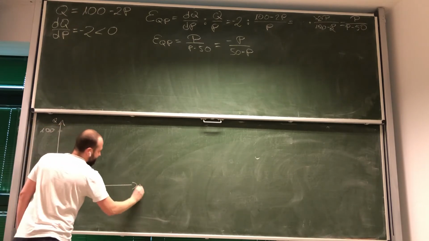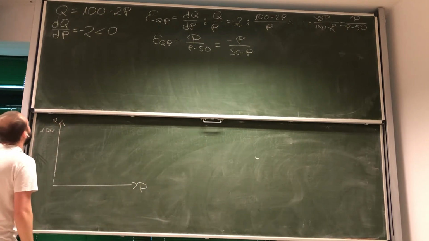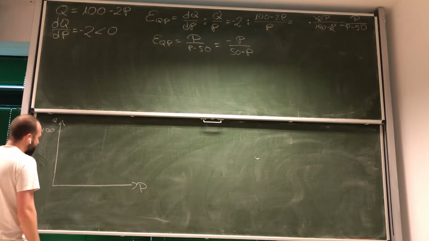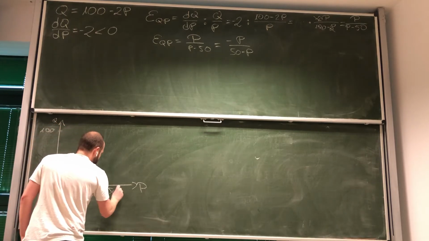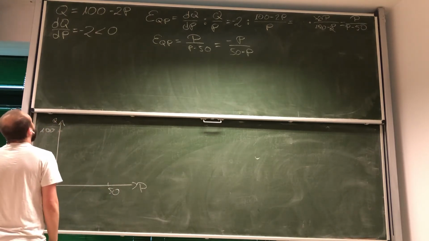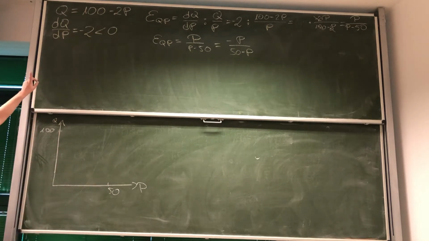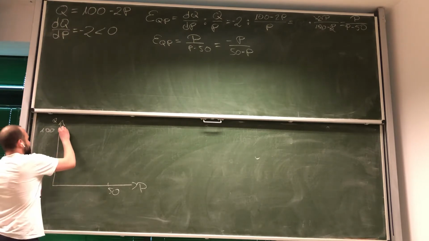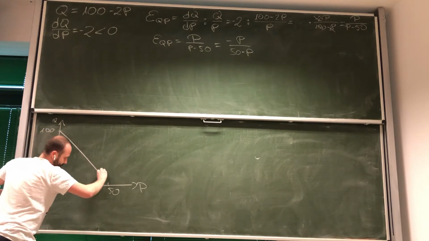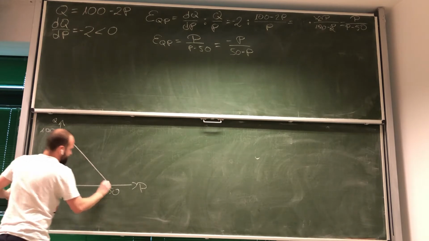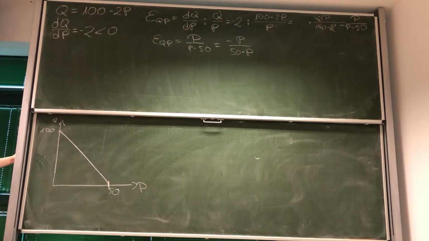And if Q is 0, price is equal to 50. I'm sorry, if Q is 0, price is equal to 50. You move it to the other side. And this is our demand function, right?